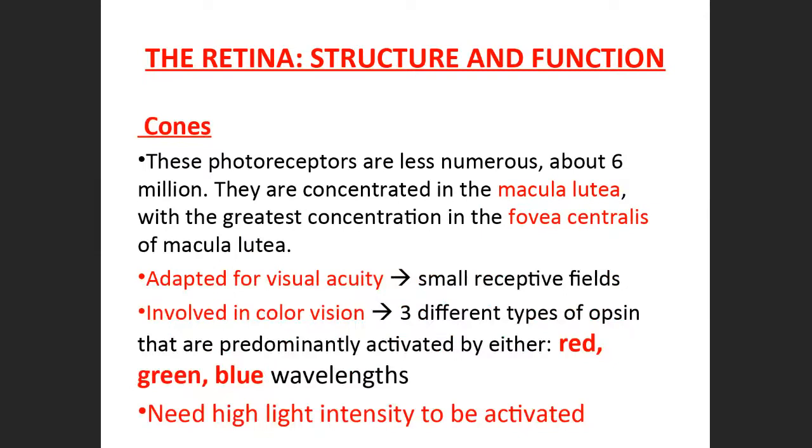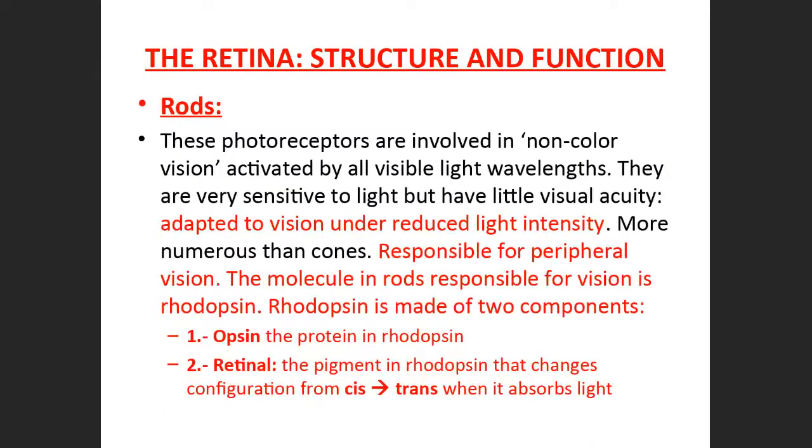And one thing about rods, before I move on to cones, is that they are extremely sensitive to light. One photon of light can change the retinol of a rod, and they can be changed by any wavelength of light.